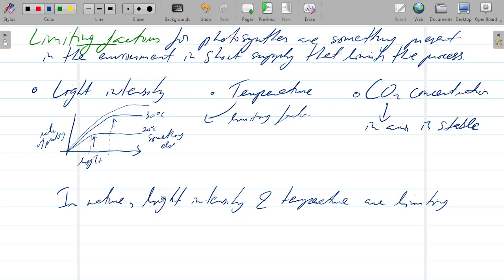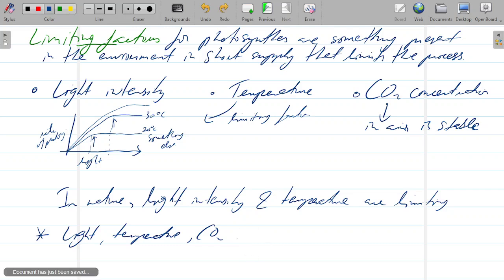But in certain places like greenhouses or glass houses, the light, temperature, and CO2 can be artificially controlled.